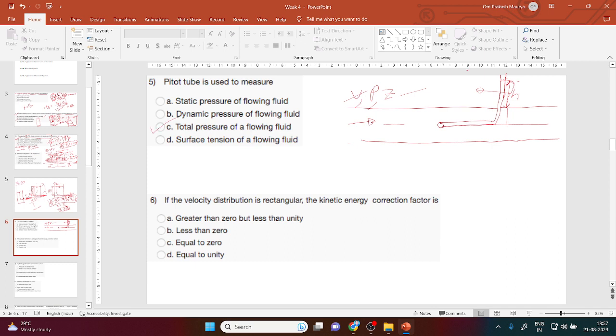For question number 6, if the velocity distribution is rectangular, the kinetic energy correction factor is what? You all know the velocity distribution is generally like that.